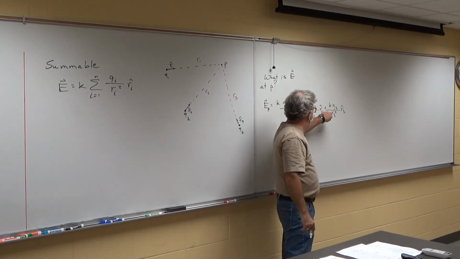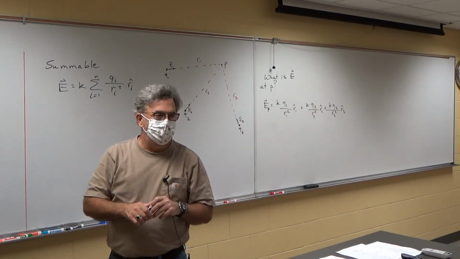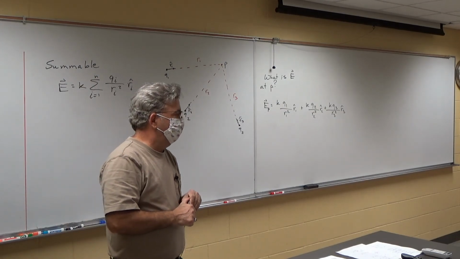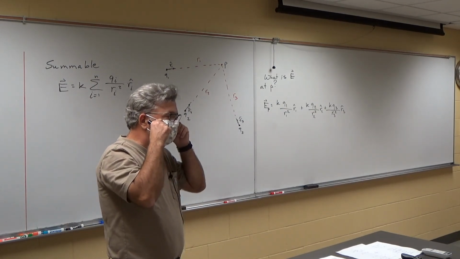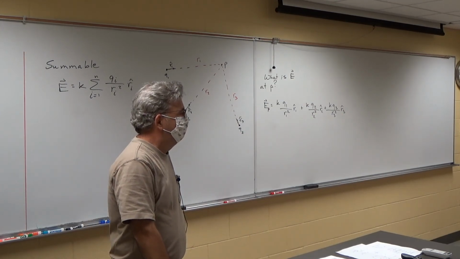All of these little vectors, these unit vectors, are there to remind you that this is a vector sum. You can't just add it up. You got to do the vector thing, okay?